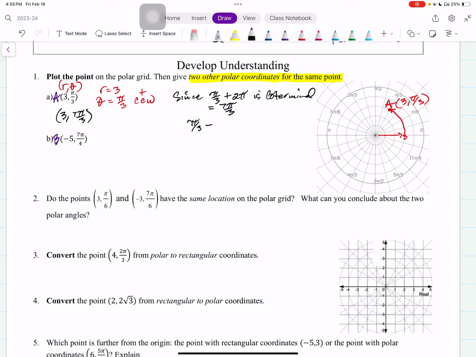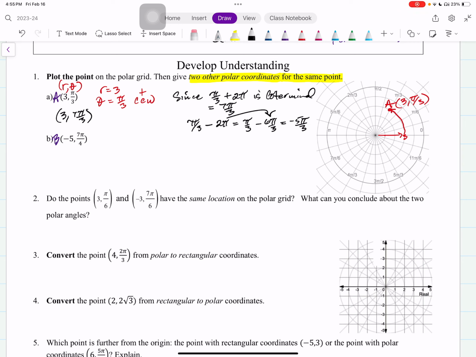So let's take pi thirds and subtract 2 pi. Let's try this one here. If you subtract 2 pi, this is the same thing as pi thirds minus 6 pi thirds. Again, this is the same thing, right? And then 1 third minus 6 thirds gives you negative 5 thirds, because 1 minus 6 is negative 5.